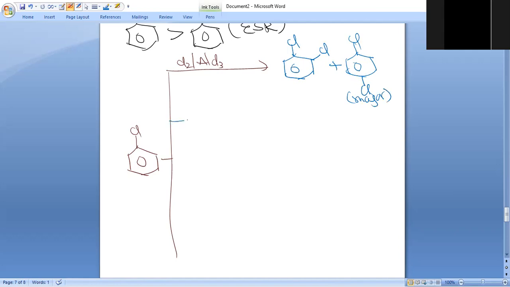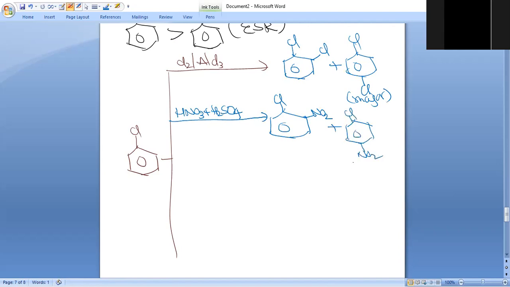Next, I'm doing nitration. Nitration means concentrated HNO3 and H2SO4 I'm adding. So in this case, what are you getting? The nitro group in the ortho position and the nitro group in the para position. Para will be major.